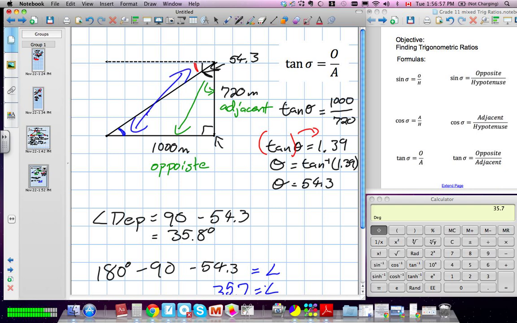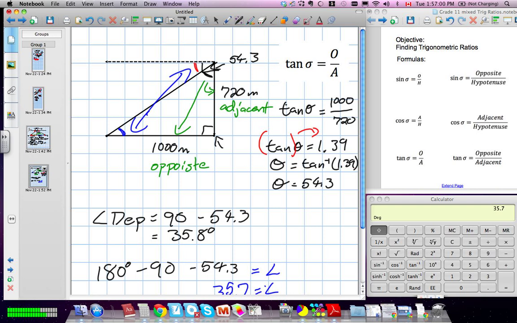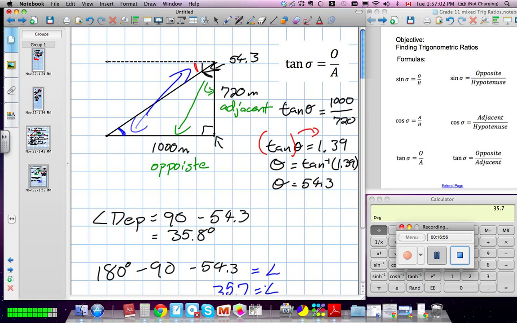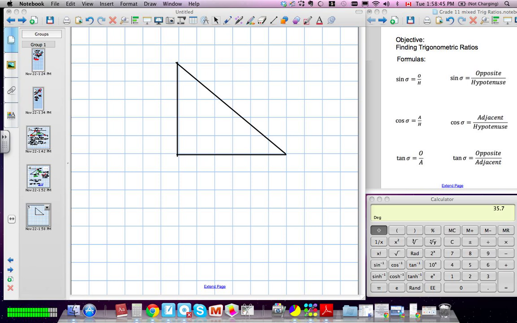That angle here ended up being the exact same measurement as our other angle of depression. Okay, the other side of the triangle, 1,650 meters, was it? Yeah, 1,650 meters away.